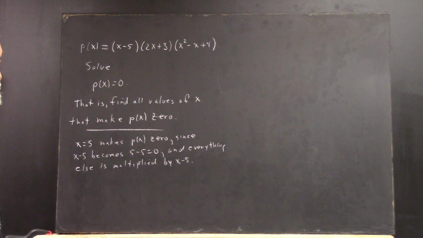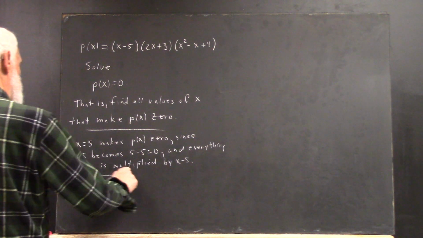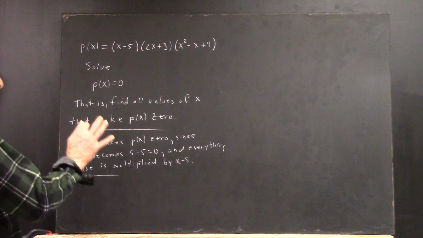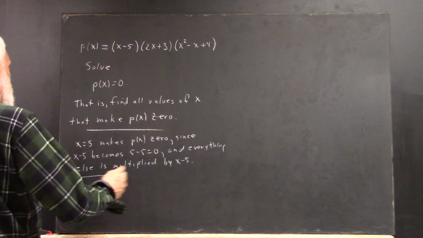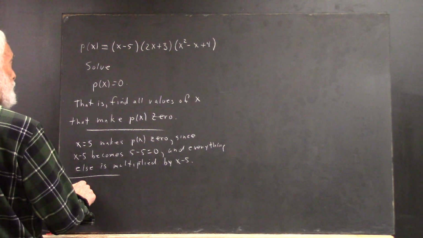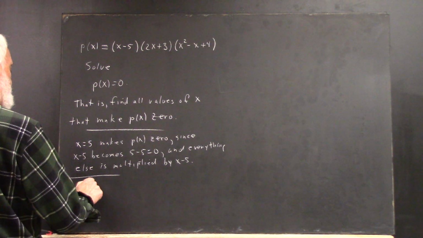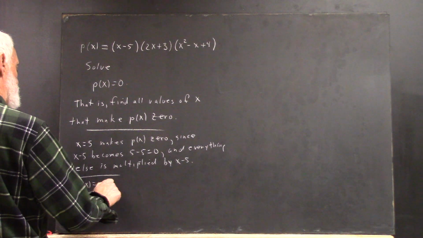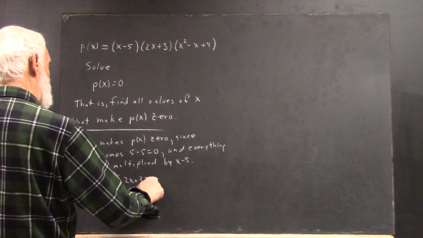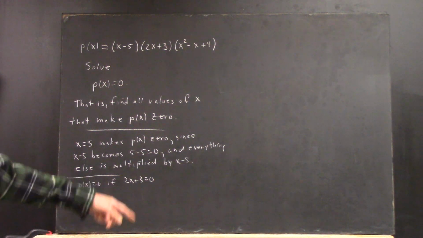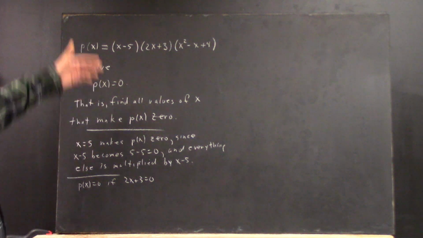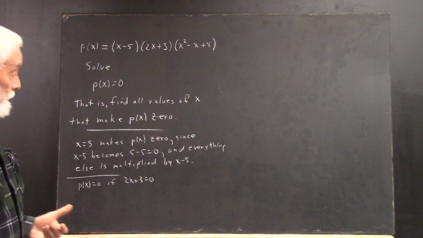Okay, what else? -3/2. -3/2, because that gets a little more tricky. We can say, well, okay. P of x is 0 if 2x plus 3 is 0, right? Just like it was 0 if x minus 5 was 0.